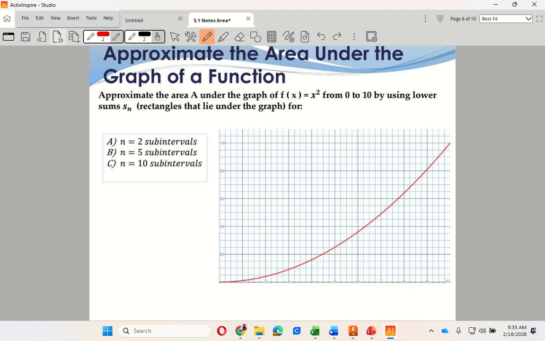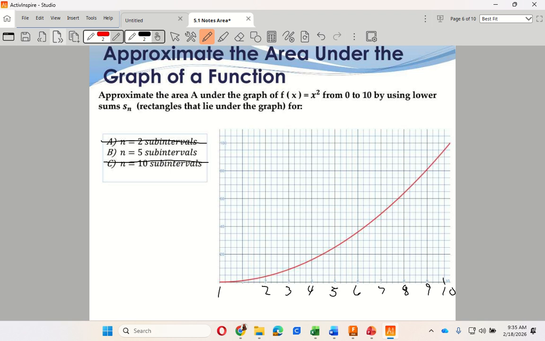Now, this one right here is kind of crazy. So we're not going to do all these. We're going to do this second one. So this right here, you can see that's 10, 9, 8, 7, 6, 5, 4, 3, 2, and 1.